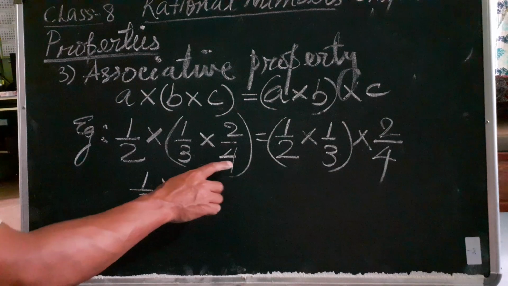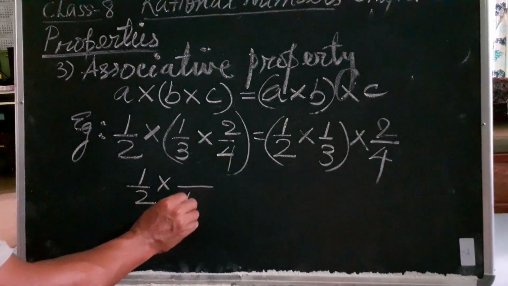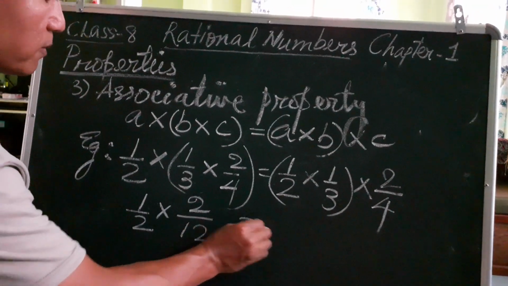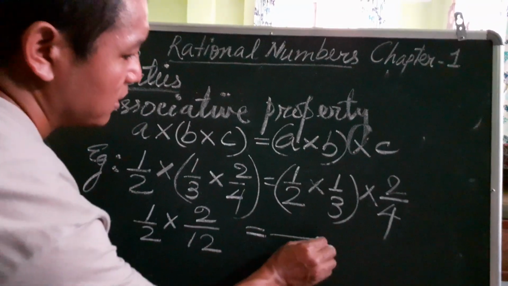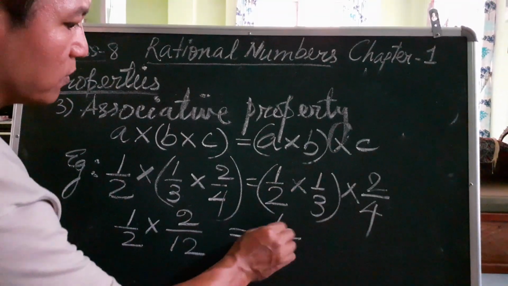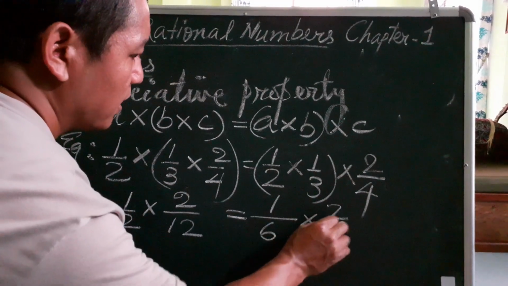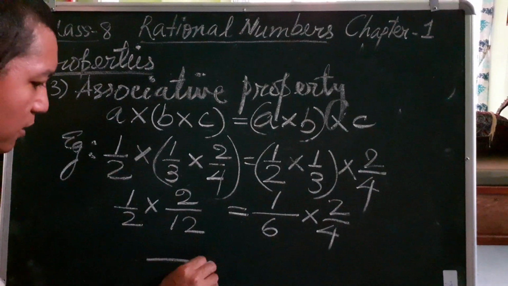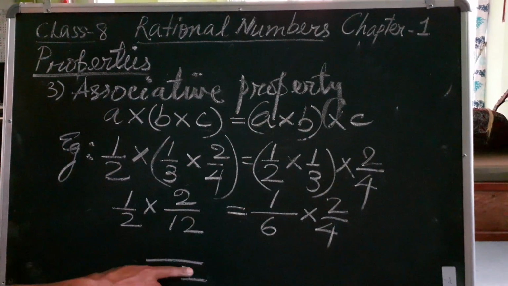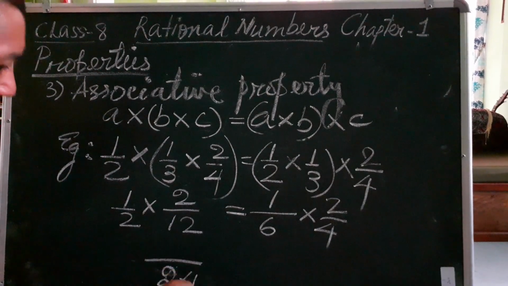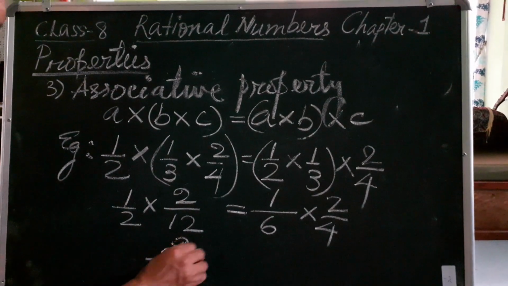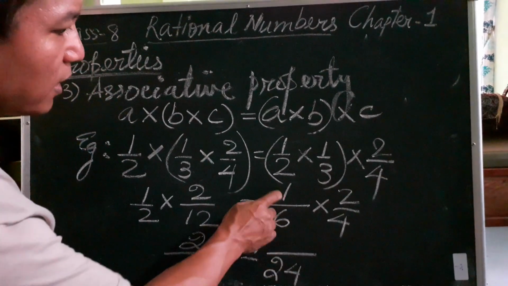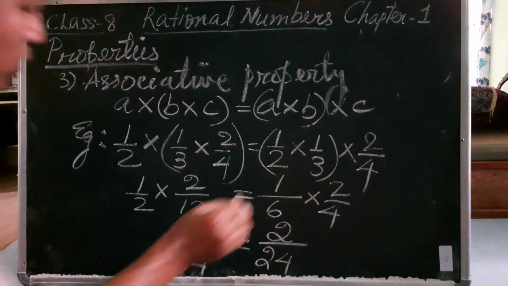Simplify: 3 into 4 is 12, and 1 into 1 is 1, so 1 by 2 into 1 by 12, giving 1 into 1 is 1 and 2 into 12 is 24. On the right hand side, 1 by 6 into 2 by 4: 1 into 2 is 2, and 6 into 4 is 24.